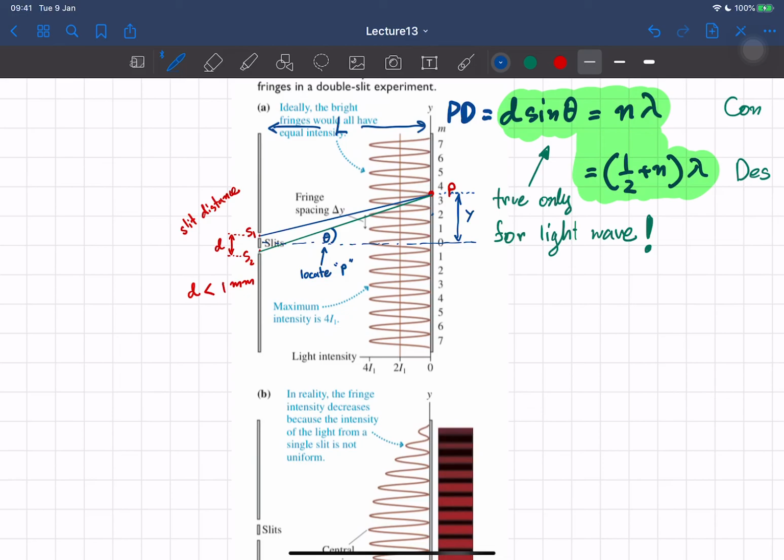This is a very natural thing to do, because when you set up the actual experiment, you need to know how far away the screen is from the double slit. Usually L is going to be like 1 meter, 2 meters, something like that.